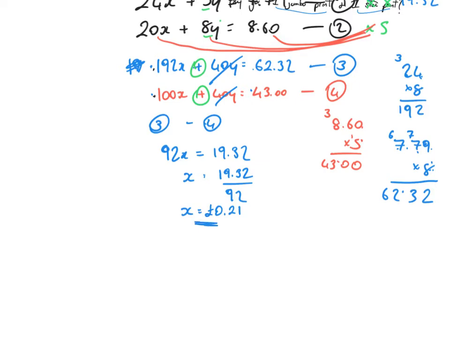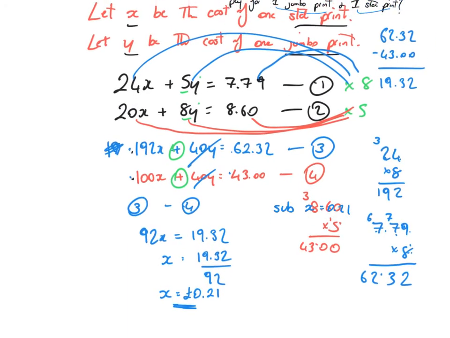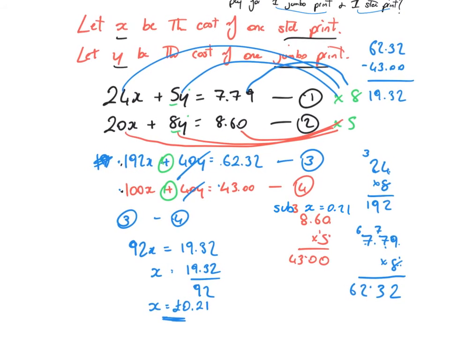Okay, so let's now go after y. So x, remember, is a standard print, so that's looking like 21 pence for the standard print. I'm going to sub x equals 0.21 into one of the equations. You can choose any of the equations.